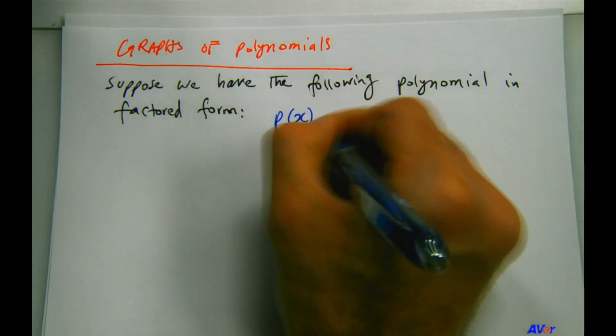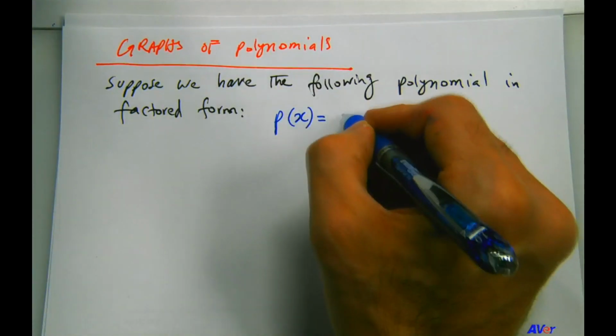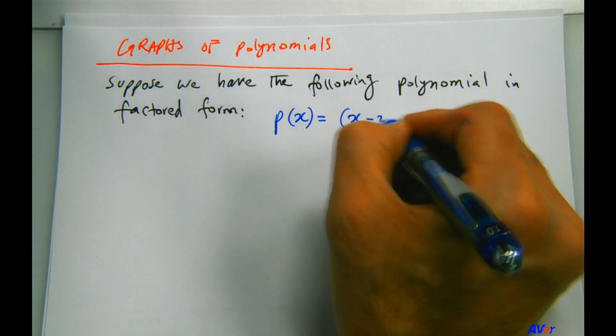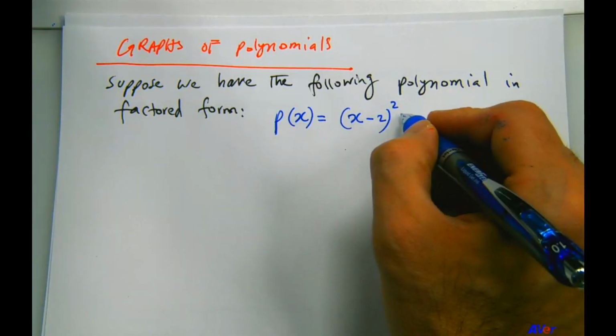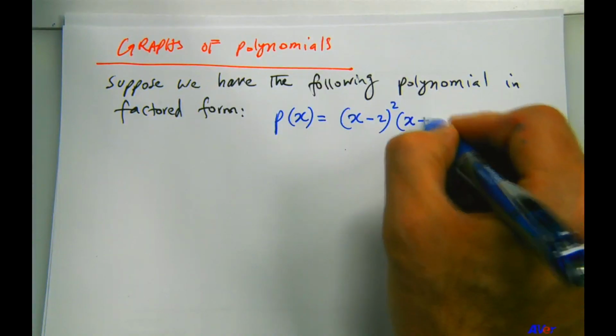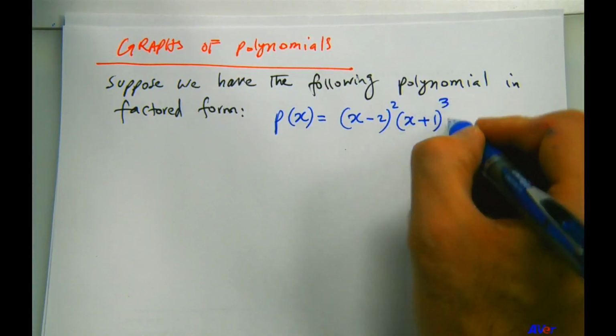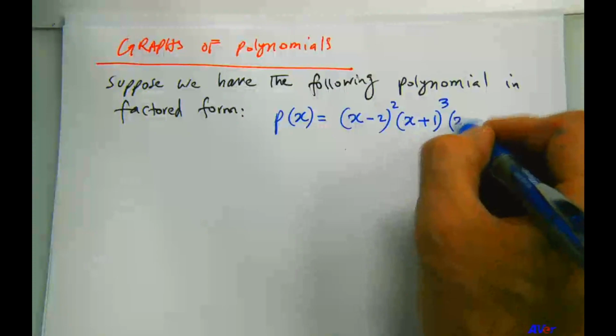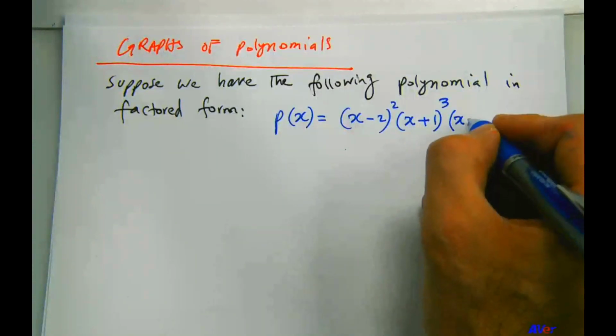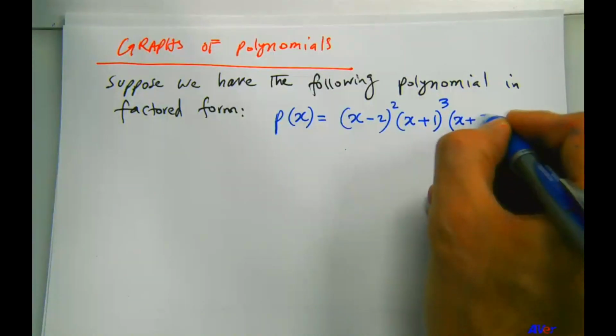It would be p of x equals (x minus 2) squared times (x plus 1) cubed times (x plus 5).